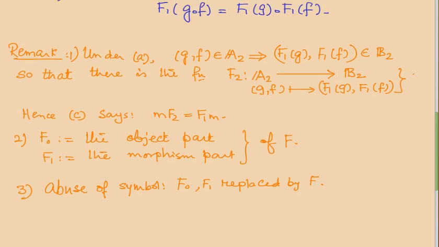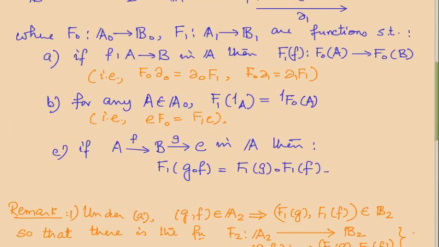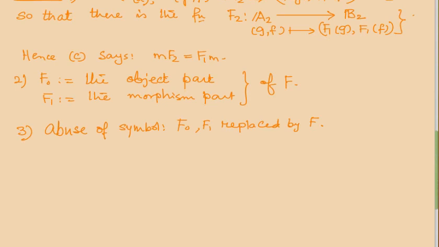So what does it say? It takes objects to objects, morphisms to morphisms, such that if f is from A to B, then F of f is from F of A to F of B, where here I mean obviously the object part of F coming into the picture, here the morphism part of F coming.